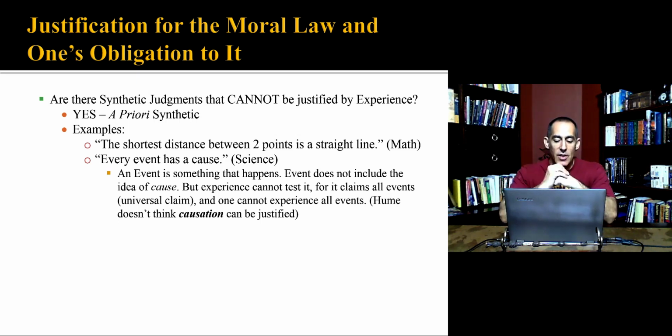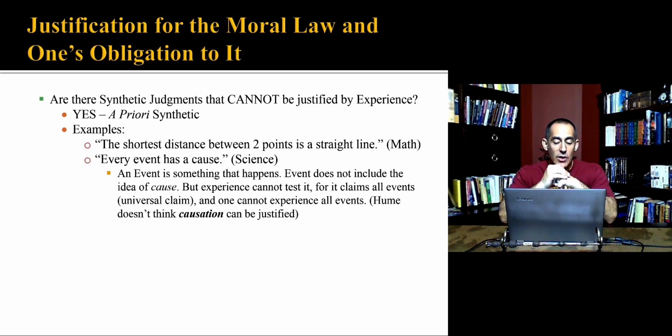Again, the question: are there synthetic judgments that cannot be justified by experience? The answer is yes. They're a priori because they're prior to experience. Here are two examples. The first is mathematical: the shortest distance between two points is a straight line. That may be the best example if you just want to remember what an a priori synthetic is.